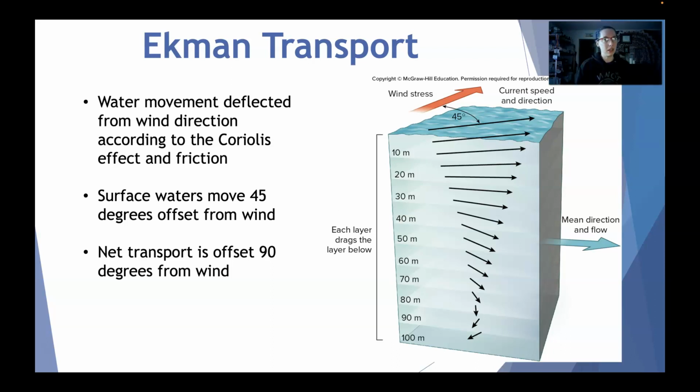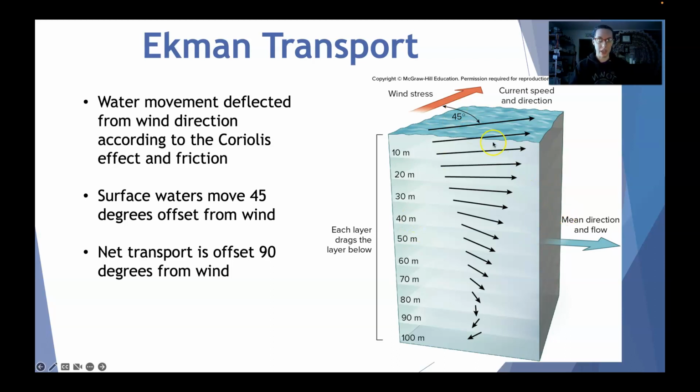And that got him thinking, well, what if the water underneath is not moving in the same direction that the wind is moving? So basically, the net movement of water is deflected from where the wind is trying to take it.